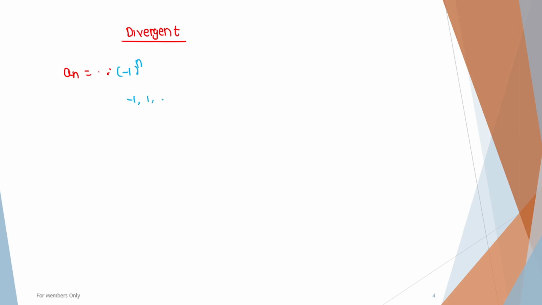It will be like -1, 1, -1, 1, -1, 1. If we take it to infinity, it will give either -1 or 1. So it is not giving any finite number. So this is a divergent sequence.